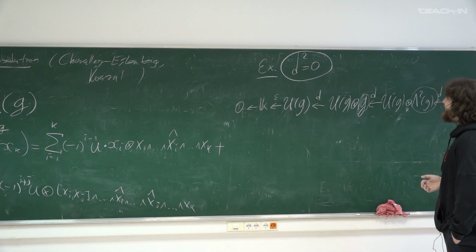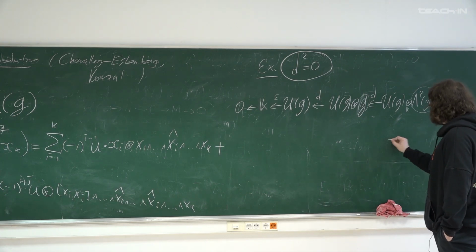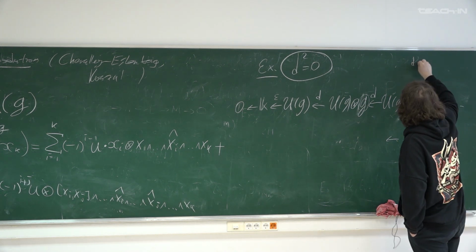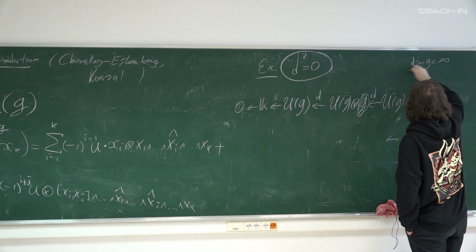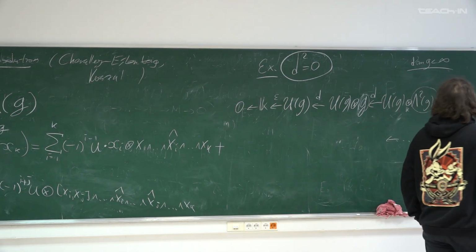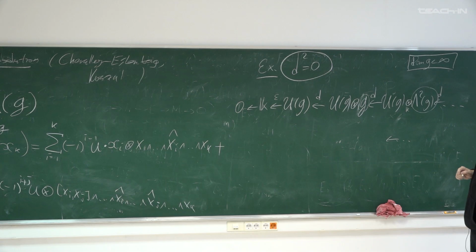So this is a chain complex of free UG modules. An important thing is that it's finite if the dimension of G is finite. For example, free algebras are not finite dimensional in general, but for finite dimensional algebras this chain complex is finite.